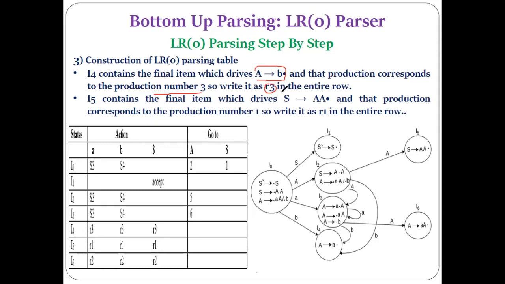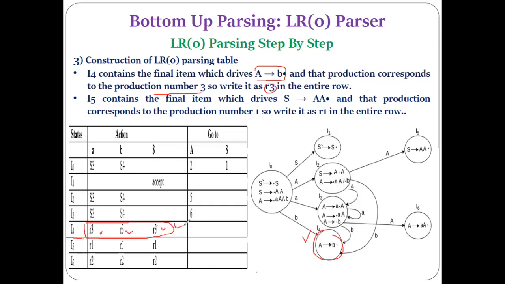Now where do you have to make the entry of R3? In which state have we got the final item A derives B dot? In the state I4. So you have to see the I4 state, and in the entire row you have to mention R3, R3, R3.